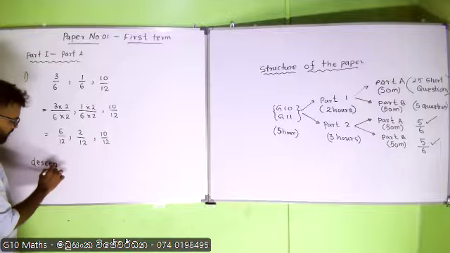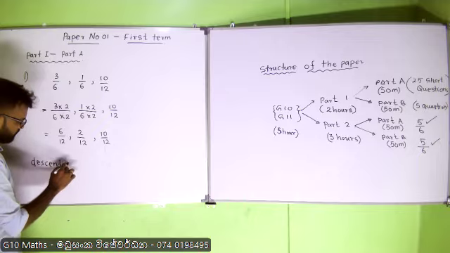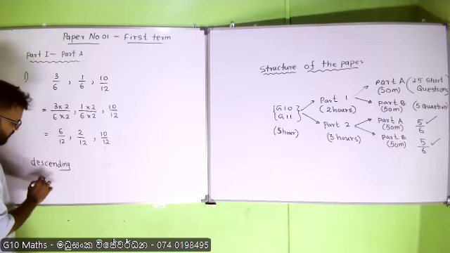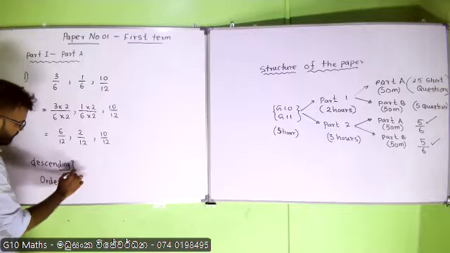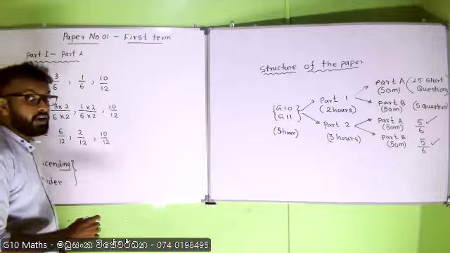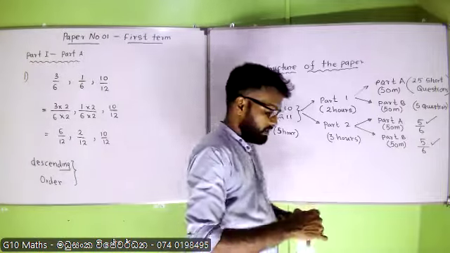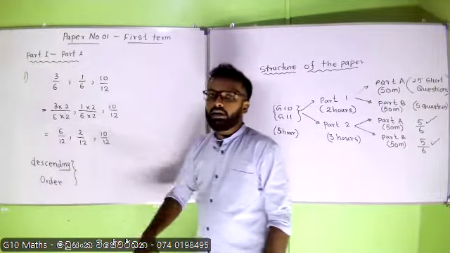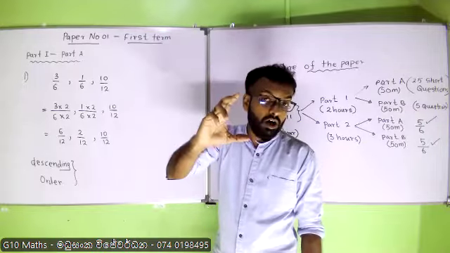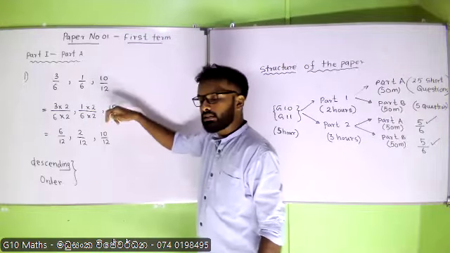So now you can arrange it in descending order. How to arrange in descending order? When you have equal denominators, you can forget the denominator and compare only the numerators.